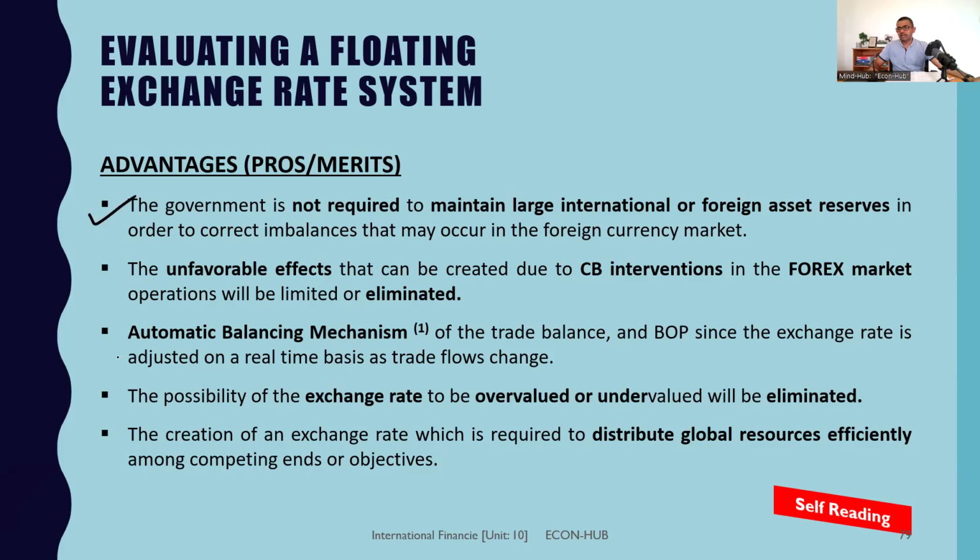Then the unfavorable effects that can be created due to central bank interventions in the forex market operations will be eliminated. In unit 3, what did we learn? Whether it was to protect the consumer with maximum price controls, to protect the producer with minimum price controls and guaranteed prices, to discourage demerit goods with indirect taxes, or to encourage merit goods production with subsidies, any of these direct or indirect forms of government intervention leads to a deadweight loss, allocative inefficiency.